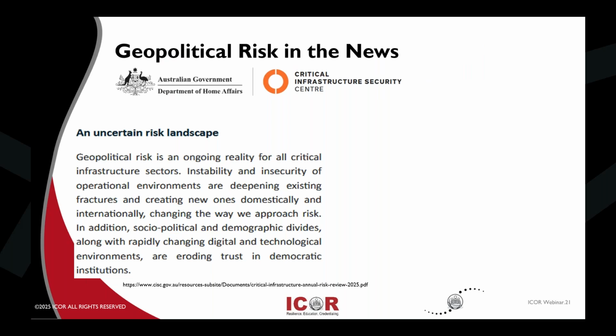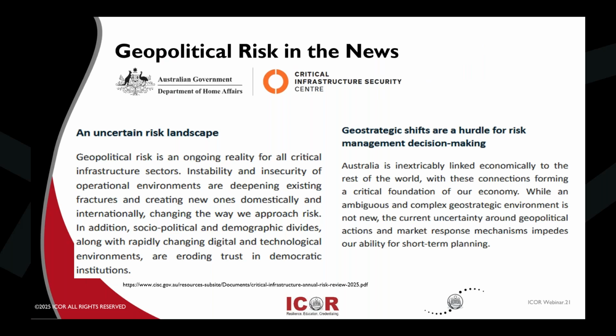And so looking at the fact that there's an eroding trust in democratic institutions, it is compounding the rapid amount of change and the demographic divides that we're seeing. And these geostrategic shifts are really becoming a hurdle. Australia recognizes that they're inextricably linked economically to the rest of the world, well, we all are, and that these connections form a critical foundation for their economy.